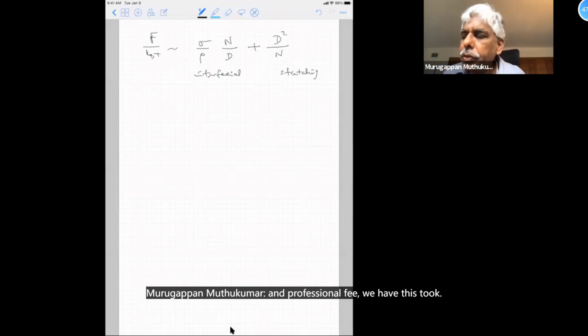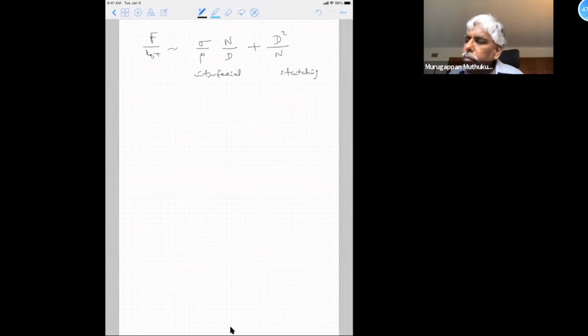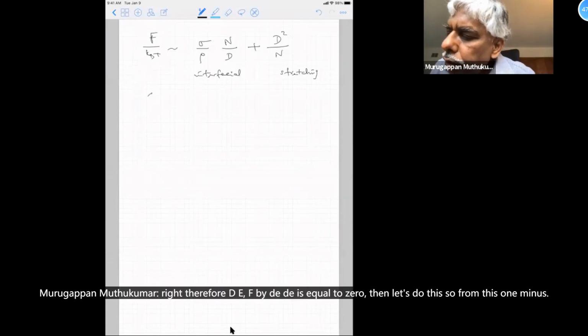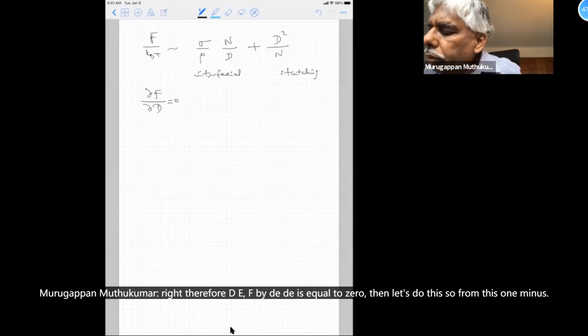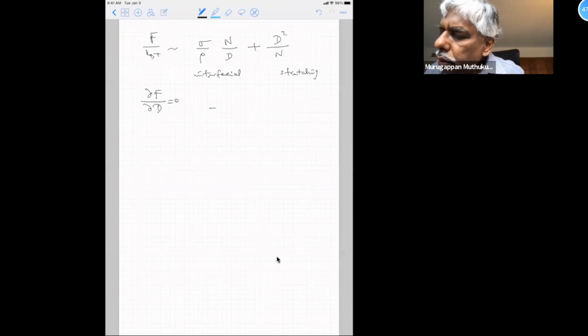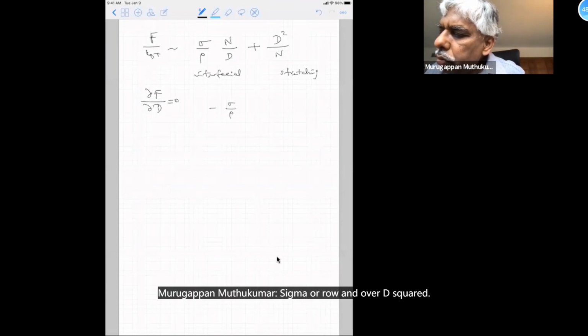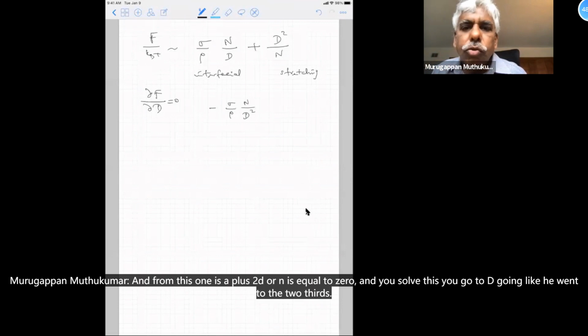Therefore, dF by dD is equal to 0. From this one, minus sigma over rho N over D square, and from this one, plus 2D over N. This is equal to 0. And then you solve this, you get D going like N to the 2/3.